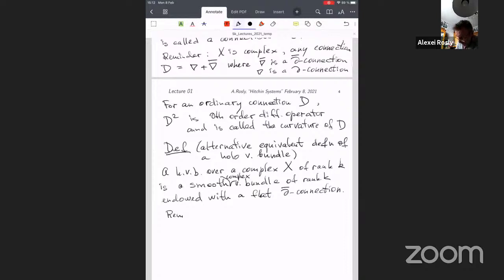Remark: we shall now demonstrate that the two definitions are equivalent, but before doing this, let us look at what sections of a holomorphic vector bundle mean.